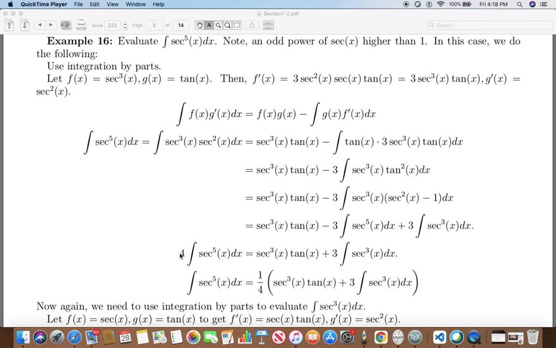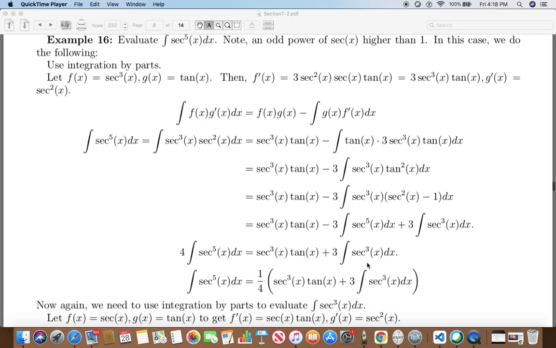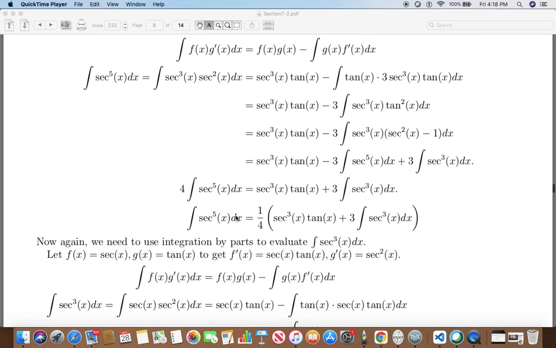In all, 4 times the integral of secant to the 5th power dx is secant to the 3rd power x tan x, plus 3 integral secant to the 3rd power x. I don't want 4 times something, so the integral of secant to the 5th power x dx is 1/4 of the right hand side.